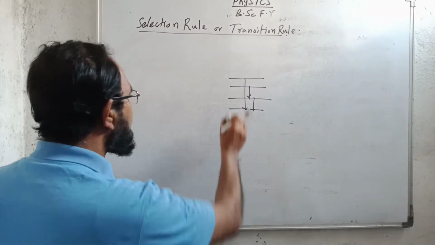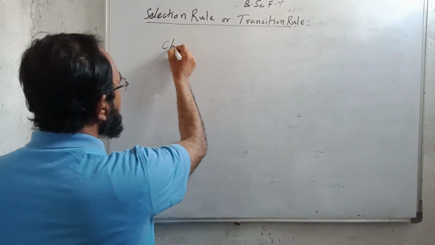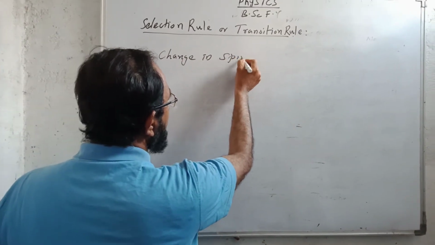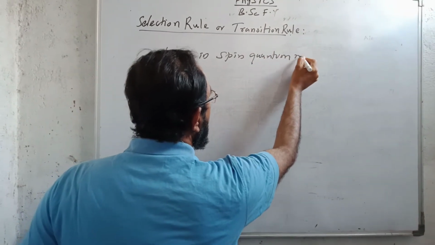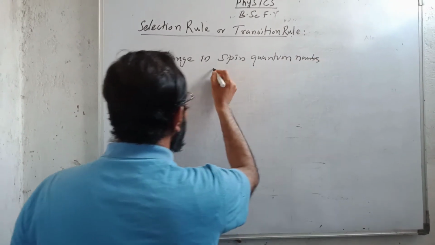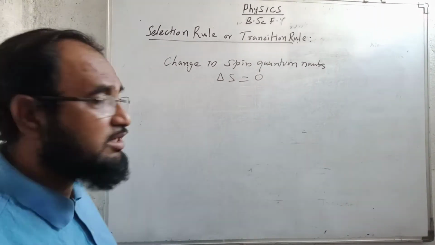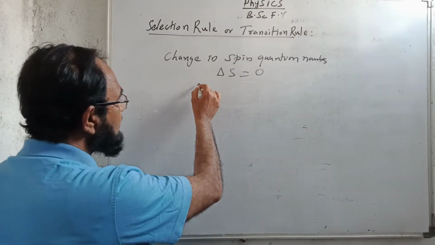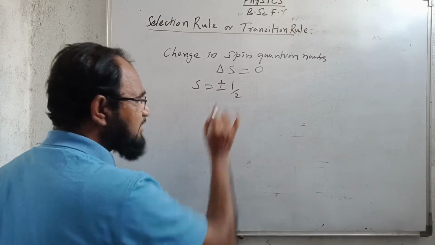So the first rule is that the change in spin quantum number, that is delta S, should be equal to 0. It means that when there is an electron, the value of S is either plus or minus half.